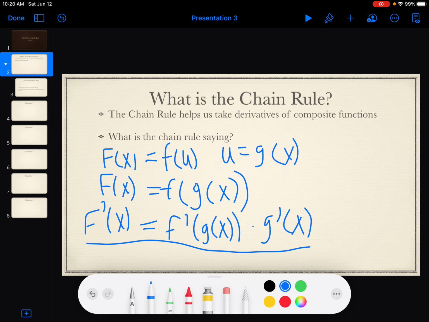So you're going to be working outside in. You're always going to be going from the outside and working inwards, thinning out the ranks of the functions, taking the derivatives until you have nothing left.